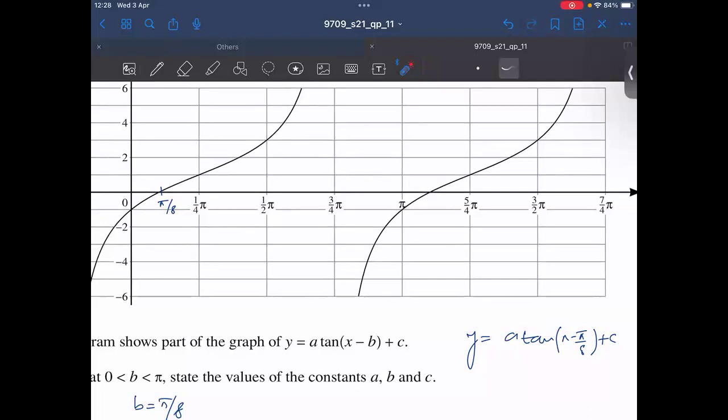How much is this? This is -1. So this is the y-intercept. So if you keep x equal to 0. All right.